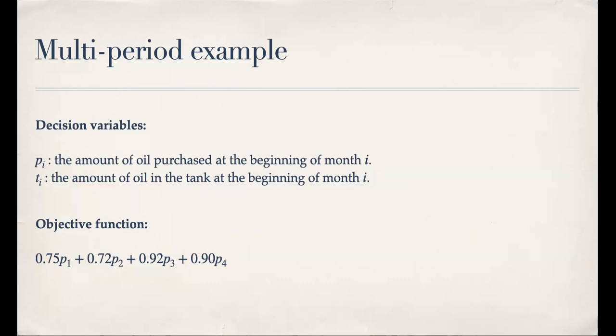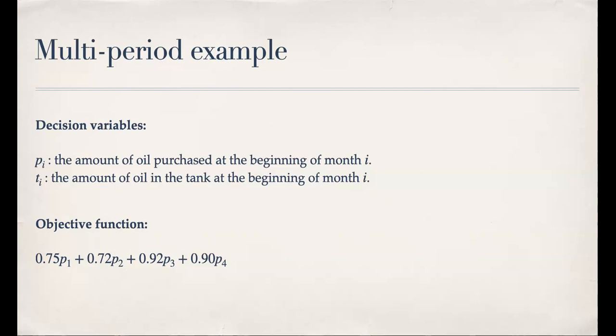And T2 stands for the amount of oil in the tank at the beginning of the second month. Why do we need it? I will tell you later. This decision variable is necessary for a multi-period optimization problem, because it is used to track the amount of oil in your storage, since you're carrying over oil from one period to another period, right?